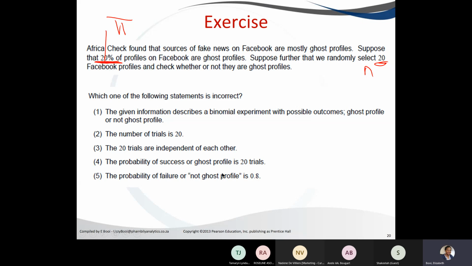Do we have an answer? Do you know which one?